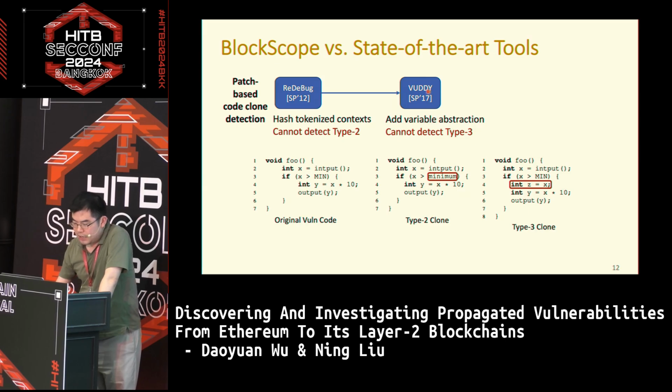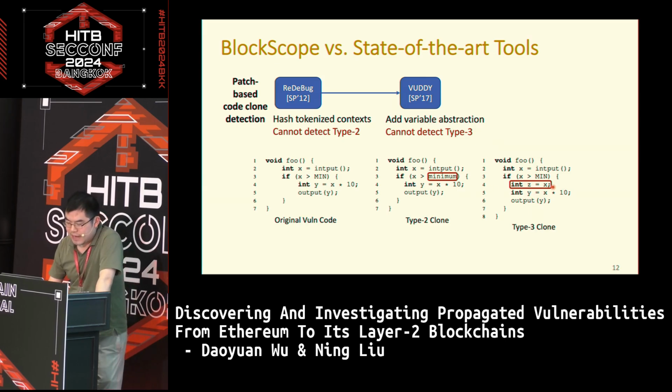But this tool still has problems: it cannot handle type 3 clones, because here you can see this line 4 adds new statements, then it will not think this one is fully similar to the original vulnerable code.